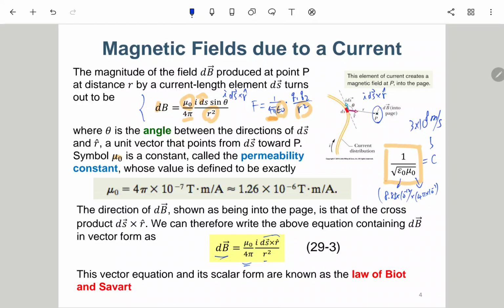Just now, I want to mention that we will learn the second law in the Maxwell equations, called Ampere's law. This one is compatible with Ampere's law, just like in chapter 23, we also showed that Coulomb's law is compatible with Gauss's law.